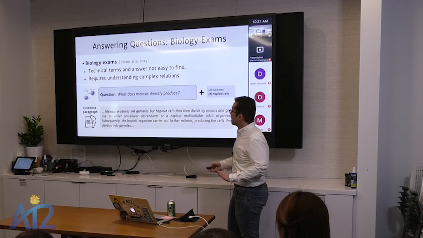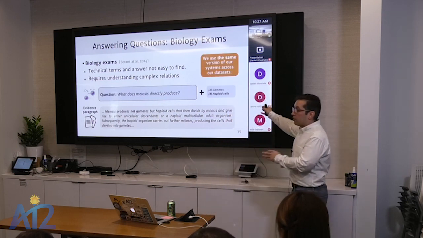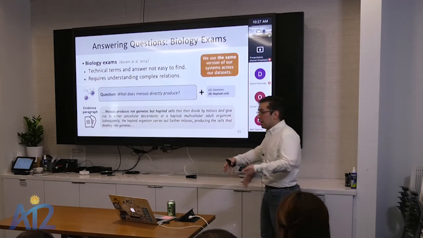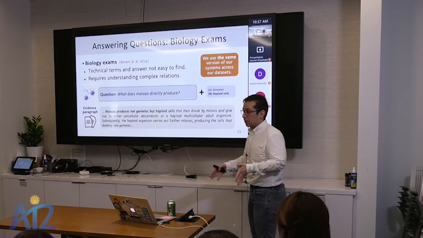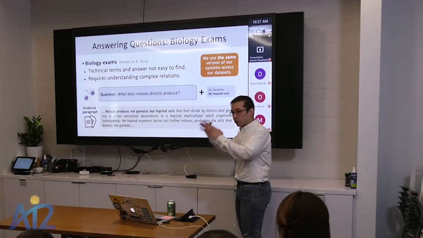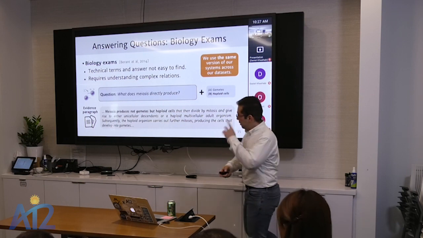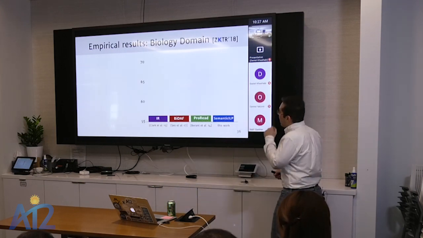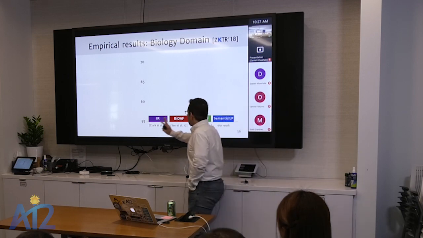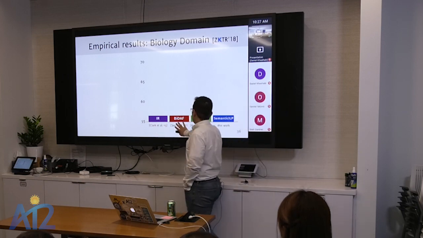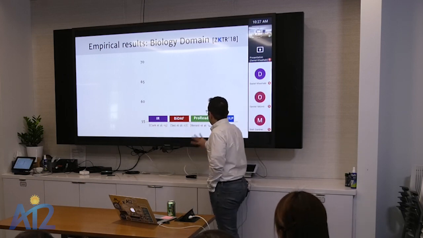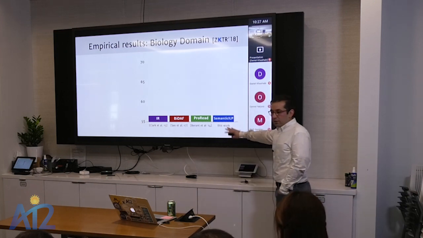And now the question is, if we take the same system and move it to this different domain, is it really gonna generalize? Are we just creating something for science exams, or is there a bigger, more general finding here? And what we see here is, I'm going to evaluate on IR, I'm going to evaluate on BiDAF. ProRead is an expert system within this domain.